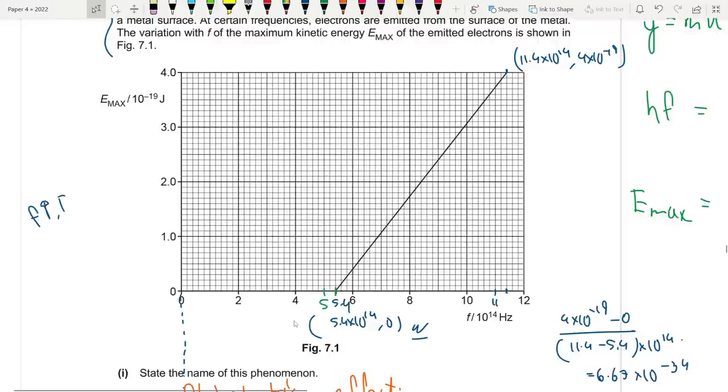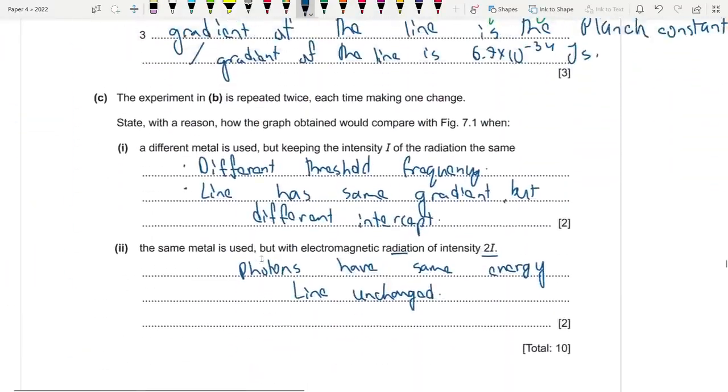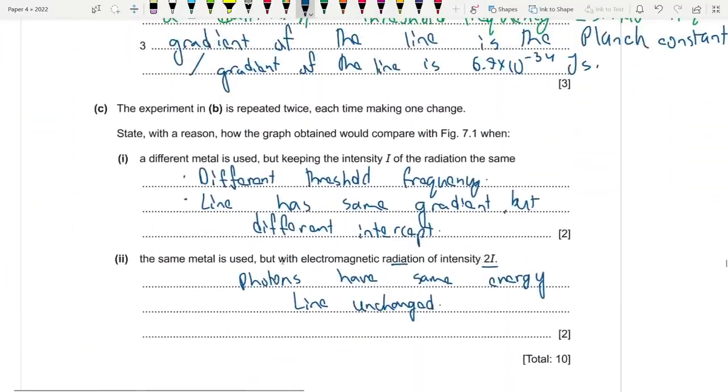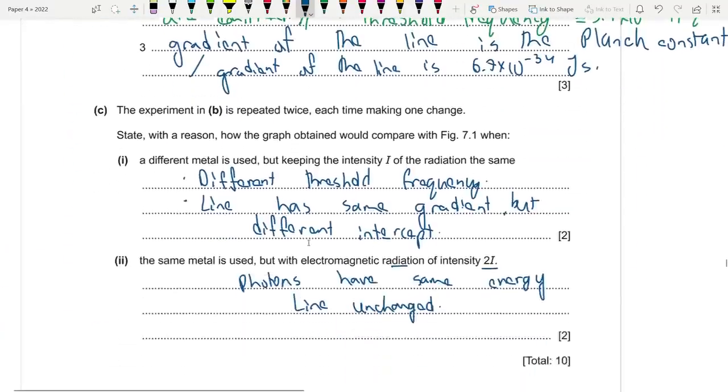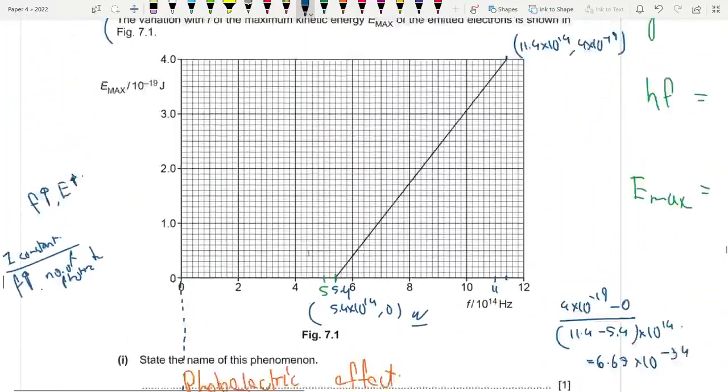As frequency increases, energy increases, right? So to keep intensity constant, as frequency increases, the number of photons per unit time decreases. Here we used twice the intensity, so maybe the number of photons emitted per unit time changed. Do you guys get it? But that has nothing to do with the graph.